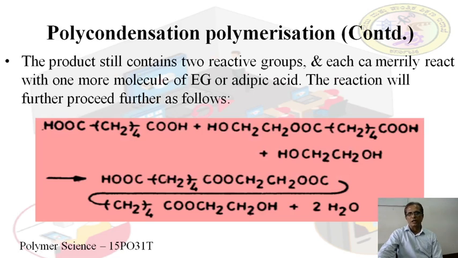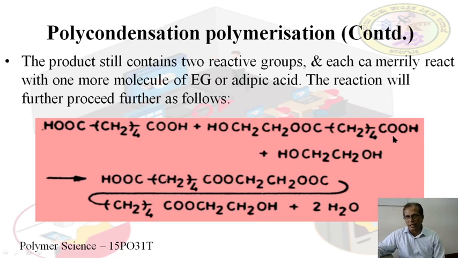The product still contains two functional groups at the ends. As you could see, one more molecule of ethylene glycol, one more molecule of adipic acid. If you add these two to the reaction product, again the reaction will continue, because between the hydroxyl group and carboxylic group there will be reaction, and elimination of one molecule of water will be there, and linkage between these two will take place.